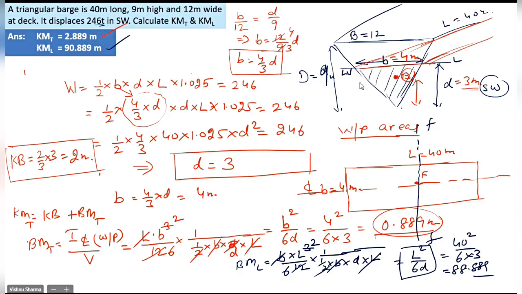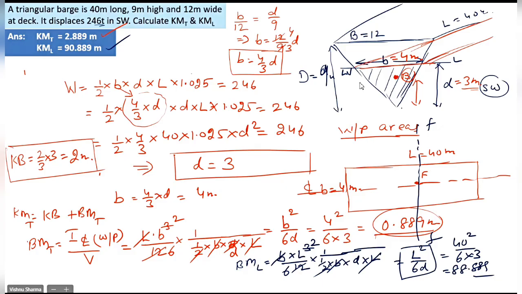What came out of these two questions? What came out of these questions is that to calculate BMT or BML, first you need to visualize what is the shape of the water plane area. Once you visualize the shape of the water plane area, then the next question is finding the center of flotation.